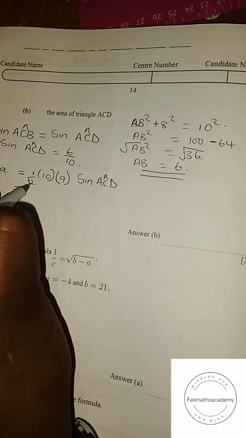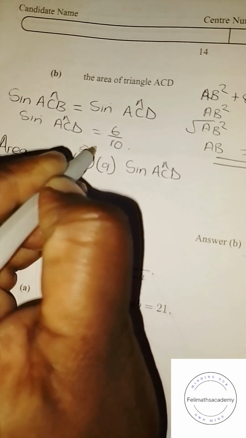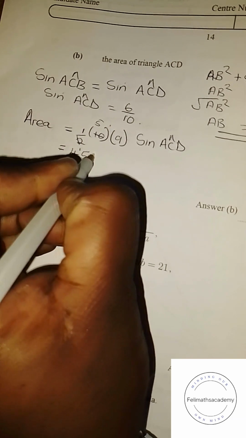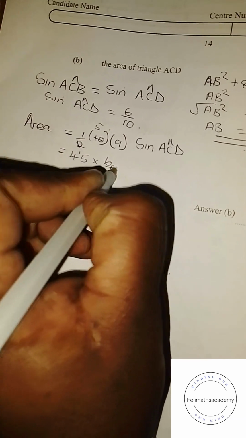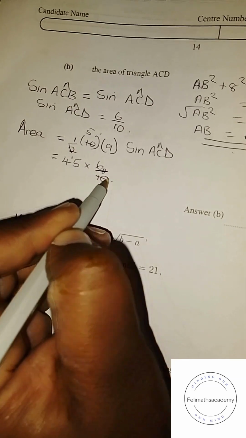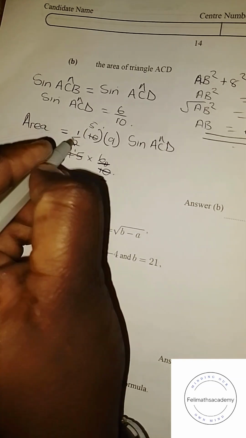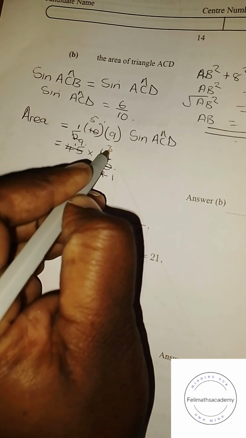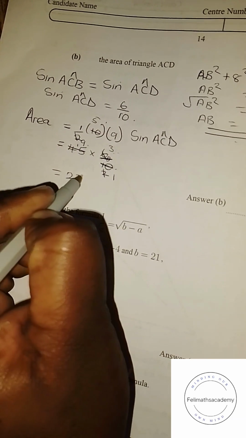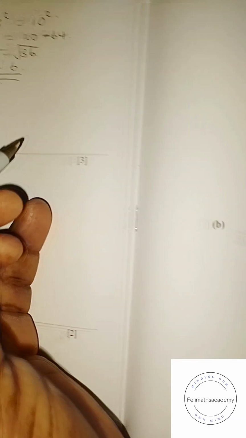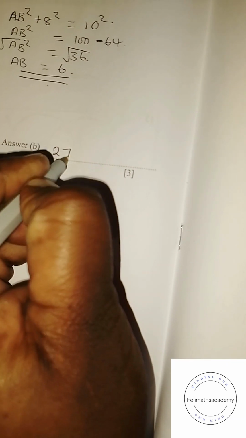So this becomes 5 by 9, 45 times 6 over 10. Then this 10, 5 into 10 is 2, 5 into 45 is 9, then 2 into 2 is 1, 2 into 6 is 3, 9 times 3 is 27. So it's equal to 27 square centimeters.